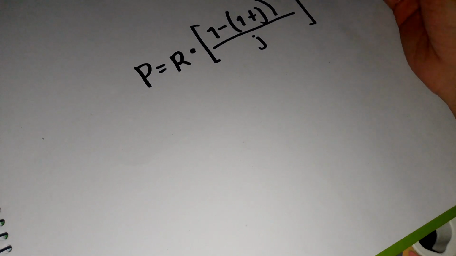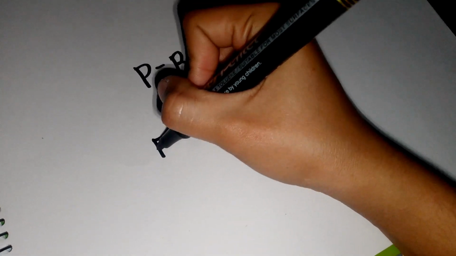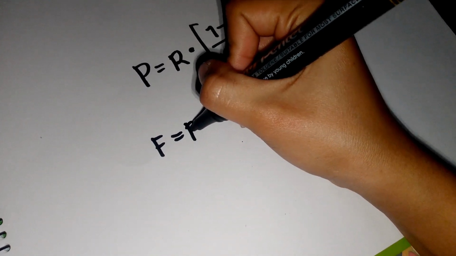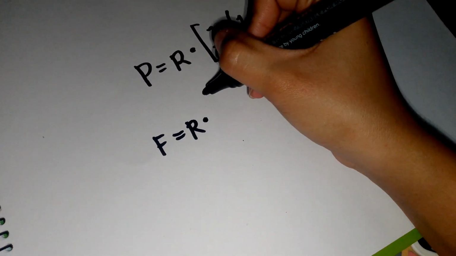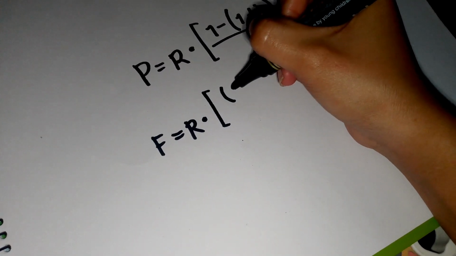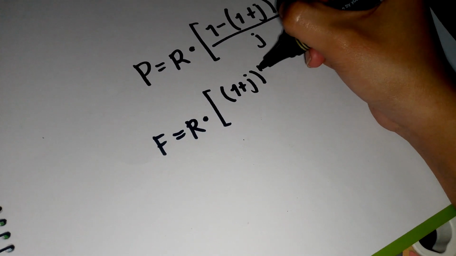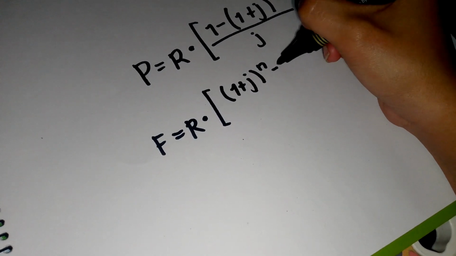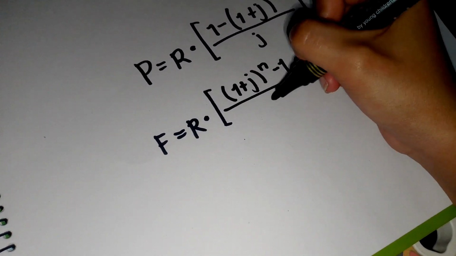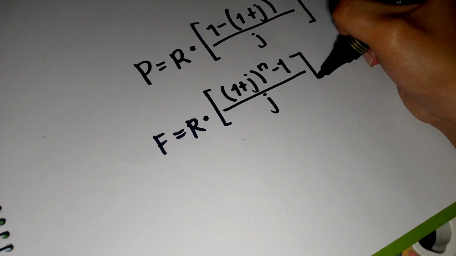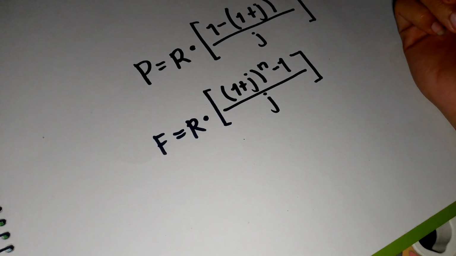On the other hand, F equals R times (1 plus J) raised to N minus 1 over J is the formula of future value.